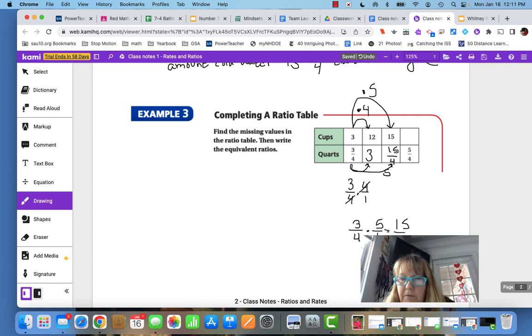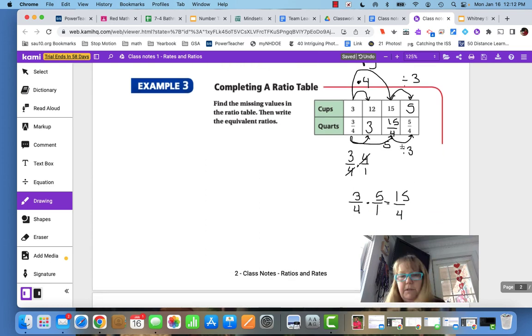Now, if I have 15/4 here and 5/4 here, it means I'm getting less, so I had to divide by something. The 4s are the common denominator. That doesn't change. So this is divisible by 3, which means I have to take the 15 and divide it by 3, and that gives me 5. That's how you can fill in the missing parts of ratio tables.